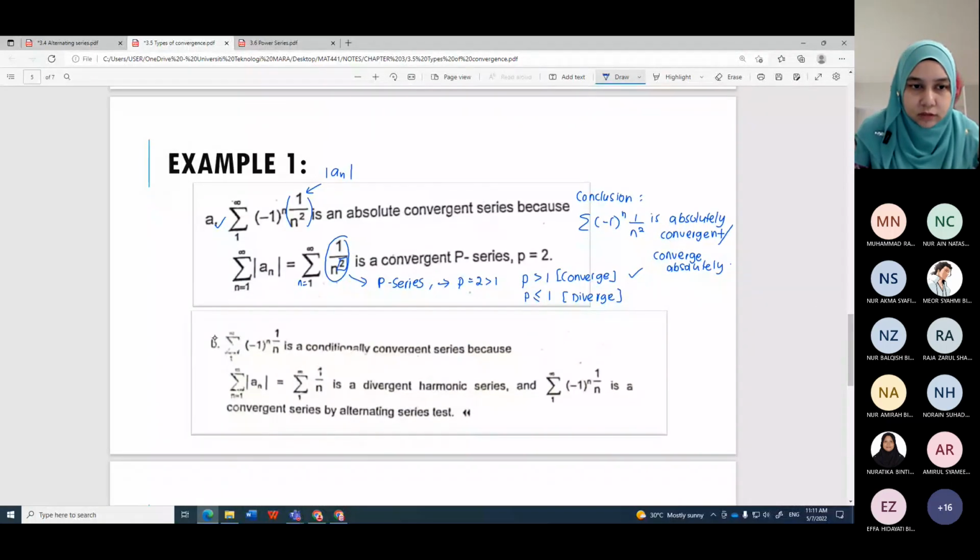Okay, look at B. So 1 over N is modulus A sub N. The series of 1 over N is the harmonic series.